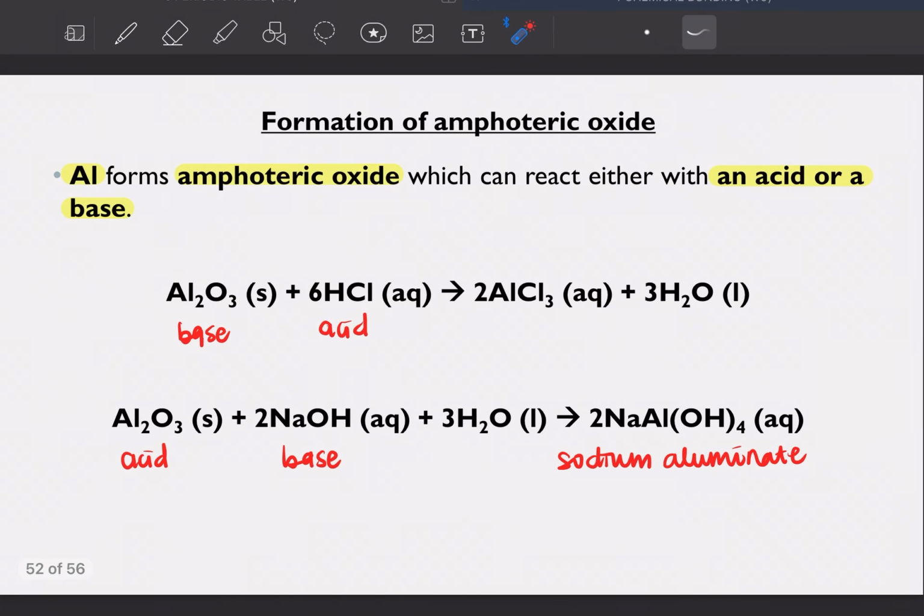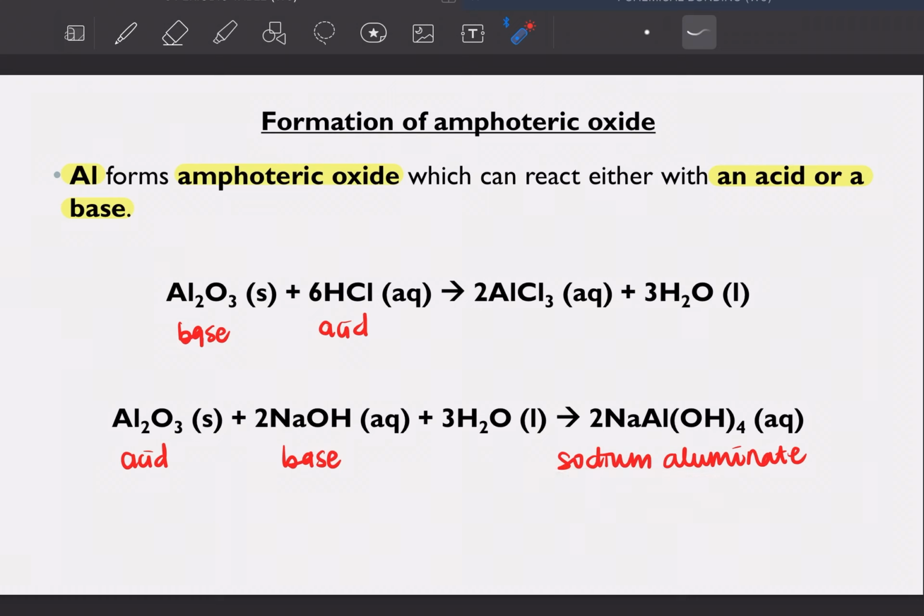Next, your amphoteric oxide is aluminium. Aluminium only. So your aluminium oxide, Al2O3, when you react with acid, you will form salt and water. When you react with base, you will get not salt and water, but sodium aluminate.